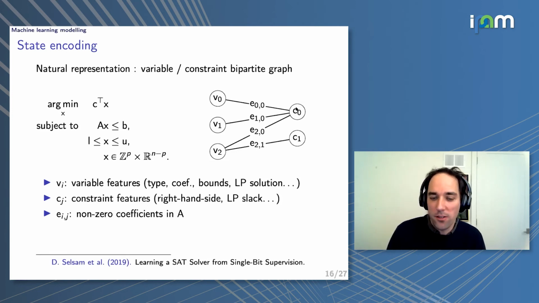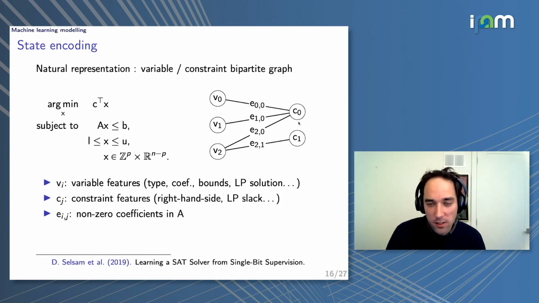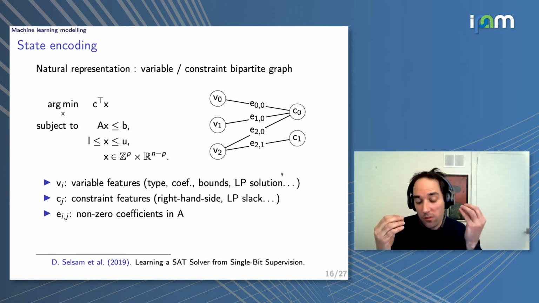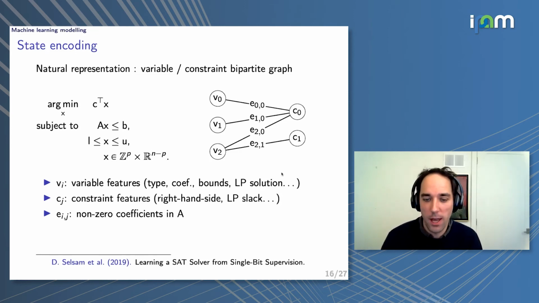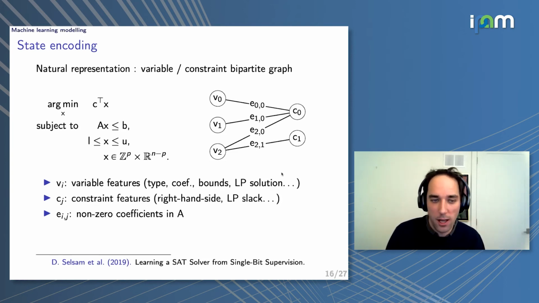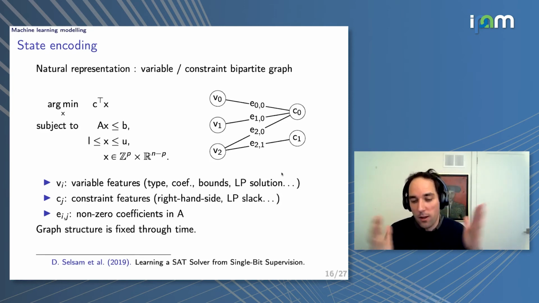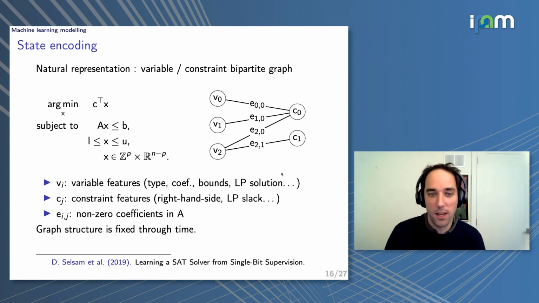And then in the other partition, you have the constraints. So this would correspond to a MILP with 2 constraints. And then the edges denote non-zero coefficients in A. Basically, if a variable V0 is in constraint C0, then there's an edge between these two. Of course, the features associated with each of these nodes will change over time, but the graph structure will be fixed through time, through your exploration of solutions in this space.